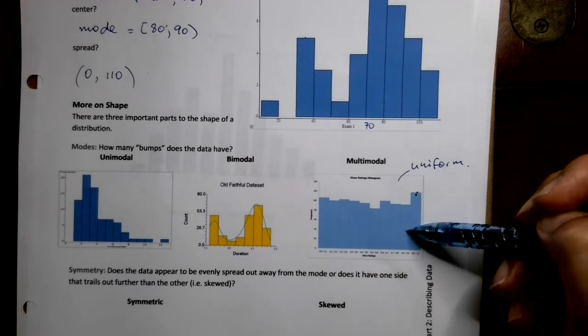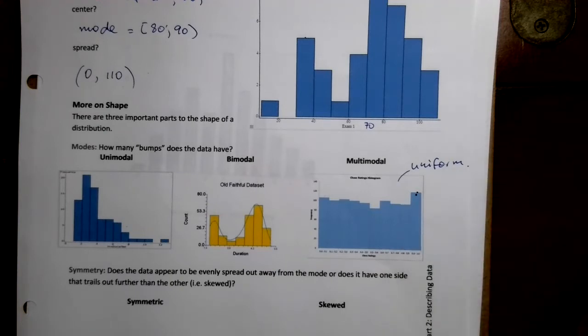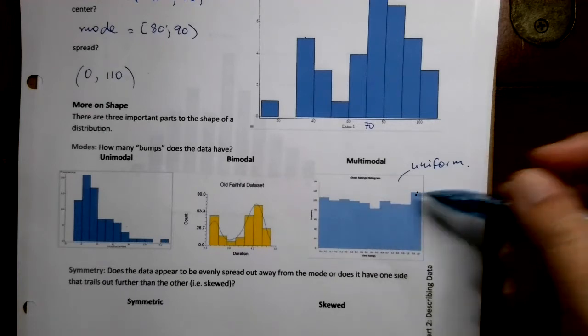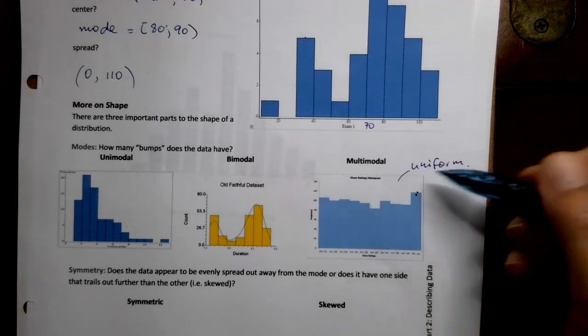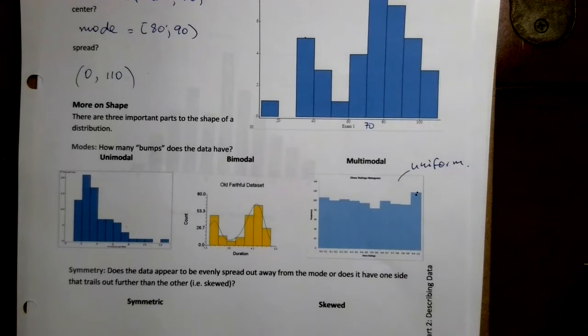The uniform distribution would be when we had classes on campus, and let's say I would record the time for each class that I had. They would pretty much come up very close to each other, and that would result in a uniform distribution.